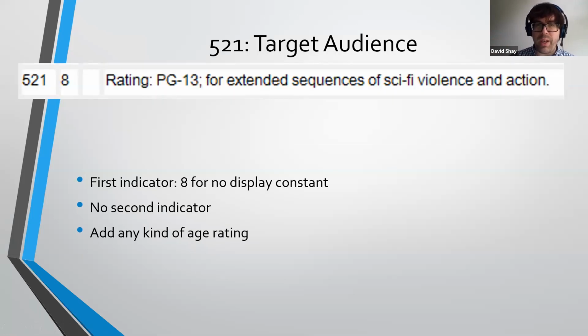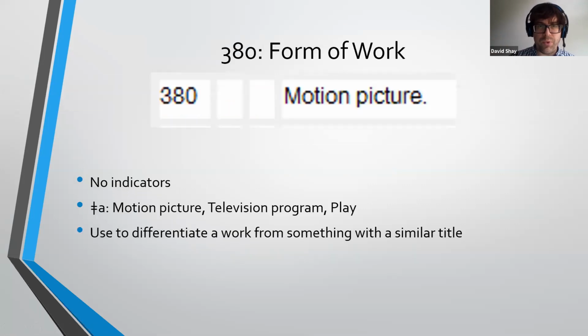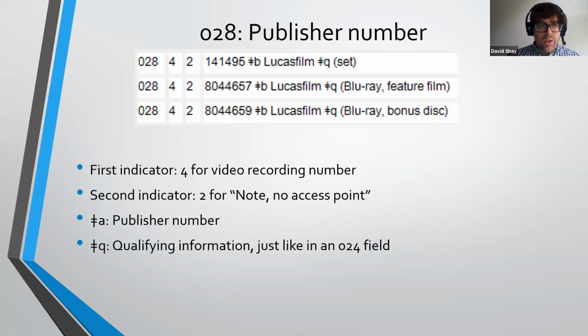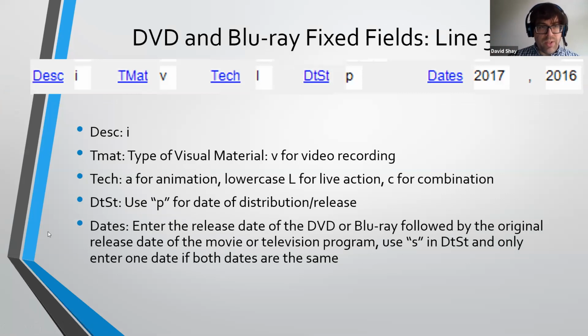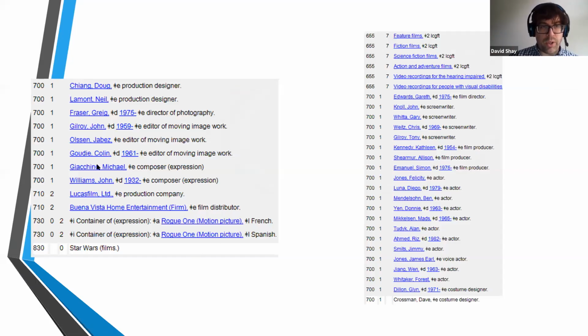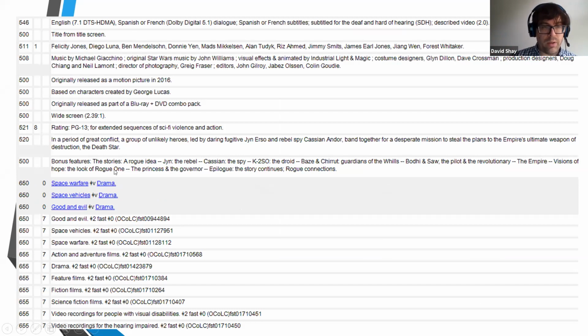So again, let's take a quick zoom back. 6xx and 7xx fields, you're going to use them just like you would any kind of other book. Subfield V, drama, is kind of one of your main form subdivisions for motion pictures.